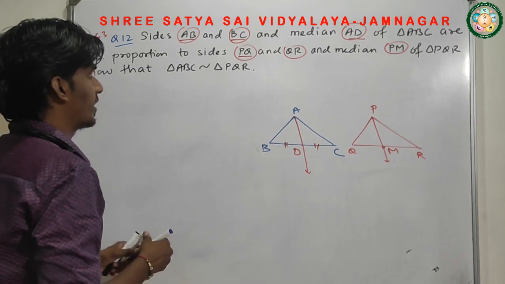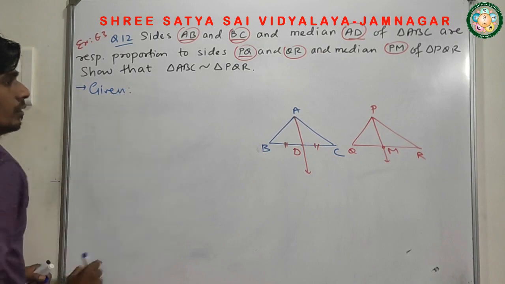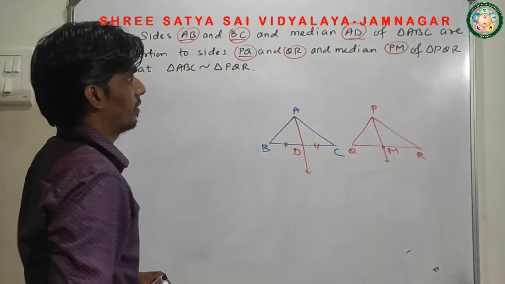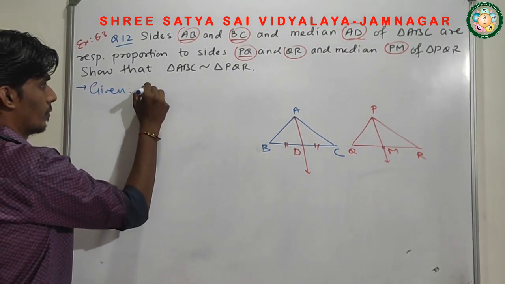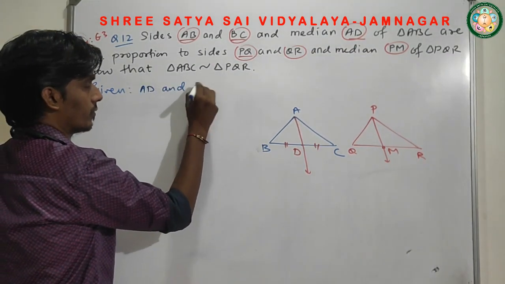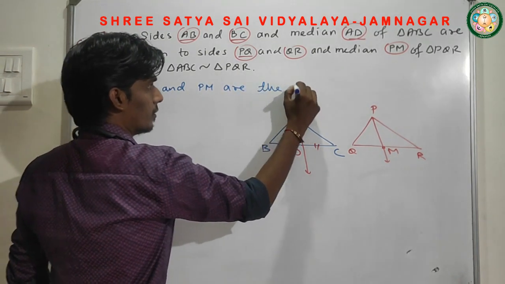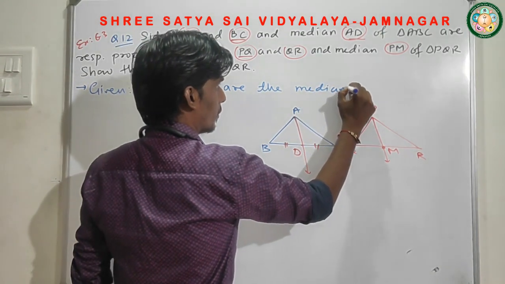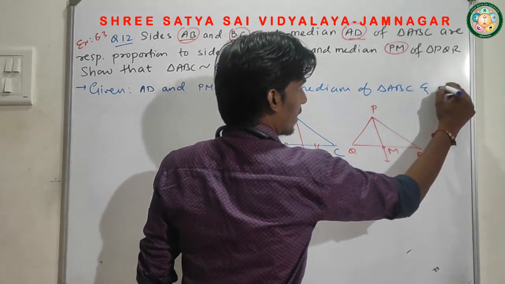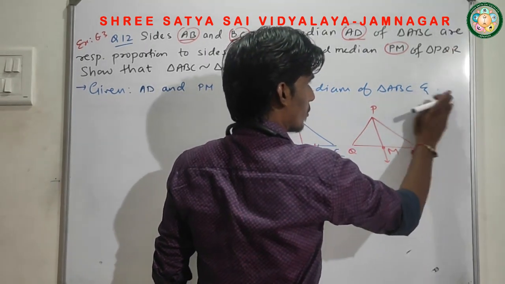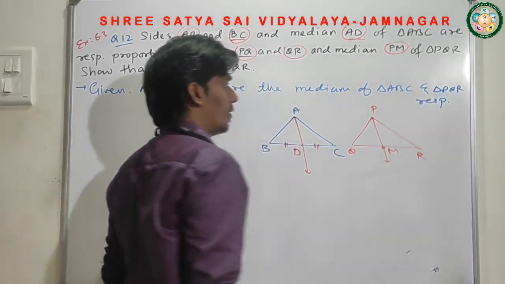From this we can write, given that AD and PM are the medians of triangle ABC and triangle PQR respectively.